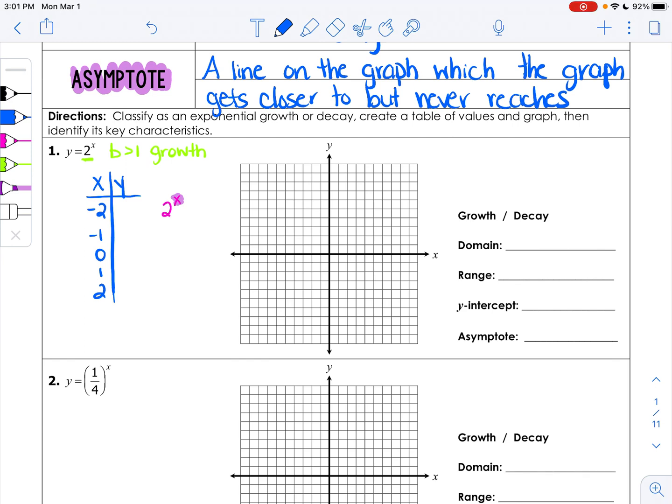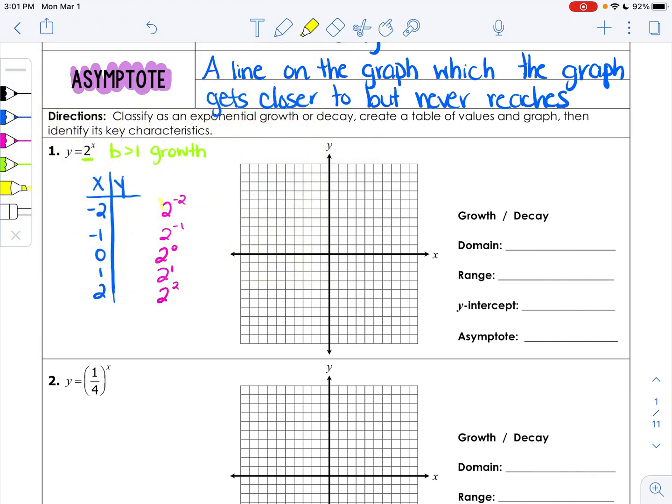So we're going to replace x in our exponential function first with -2. Then we're going to replace it with -1, 2 to the -1. Then 2 to the 0, 2 to the first, and 2 squared. So we're taking that same exponential function, just replacing the x with different x values. And we type those into the calculator.